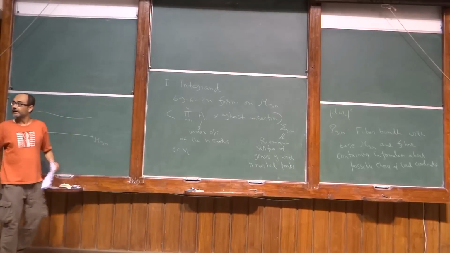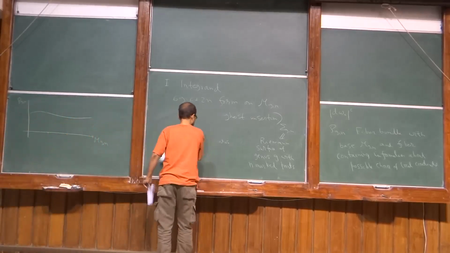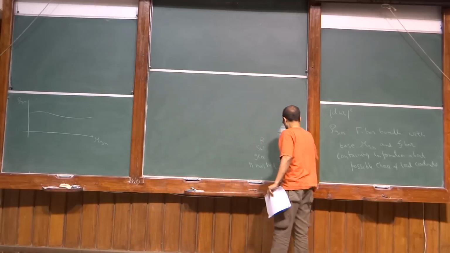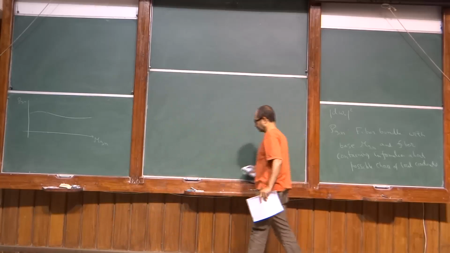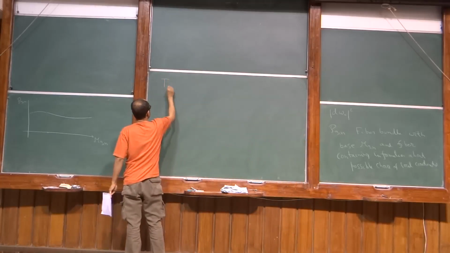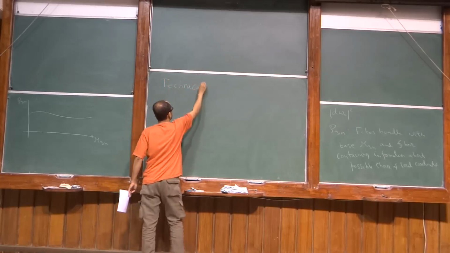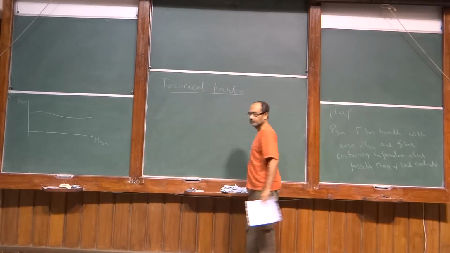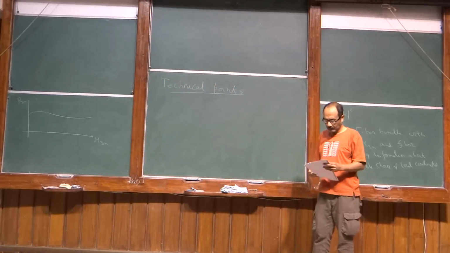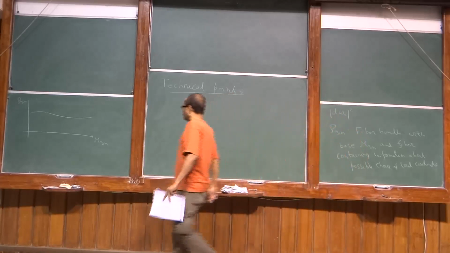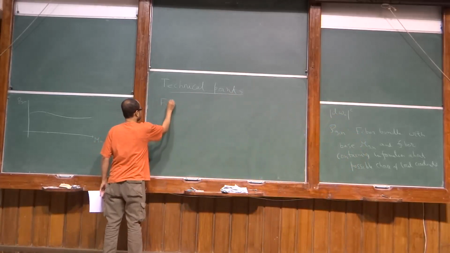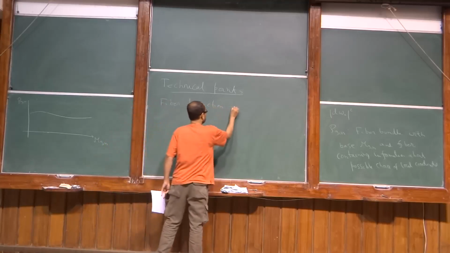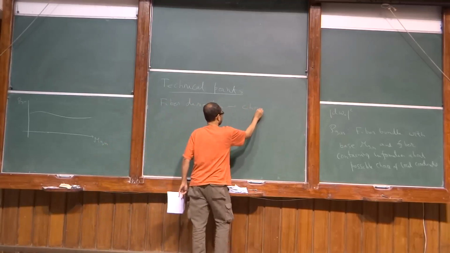Okay, let me just make some technical points. So the first point: we have said that the fiber direction is labeled by the choice of local coordinates, right?